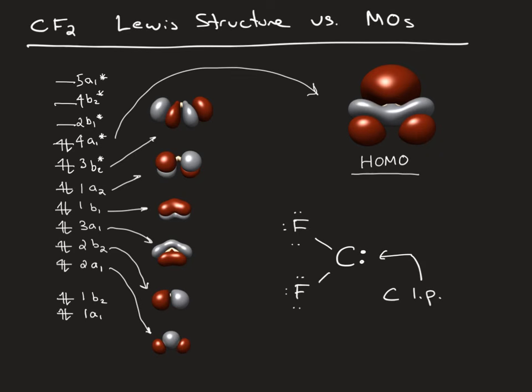The molecular orbital diagram shows that the highest occupied molecular orbital is centered almost exclusively on that carbon atom, with that large amount of density pointed out in the same direction that you get with the Lewis structure, pointing out from the carbene molecule. So in this sense, the two views coincide very nicely. We can rationalize the same chemistries using a molecular orbital diagram that we could rationalize from a simple Lewis structure.